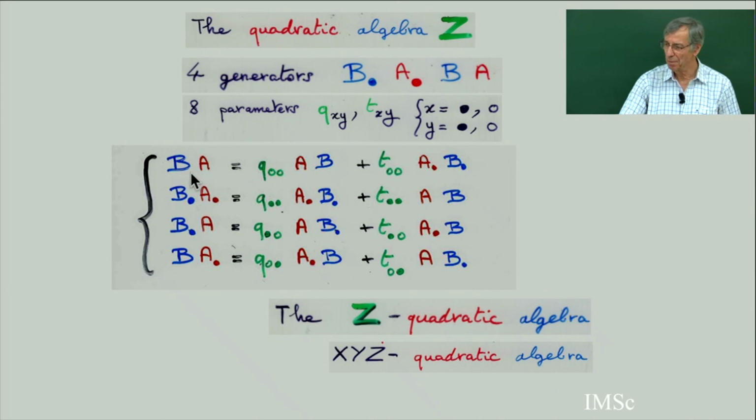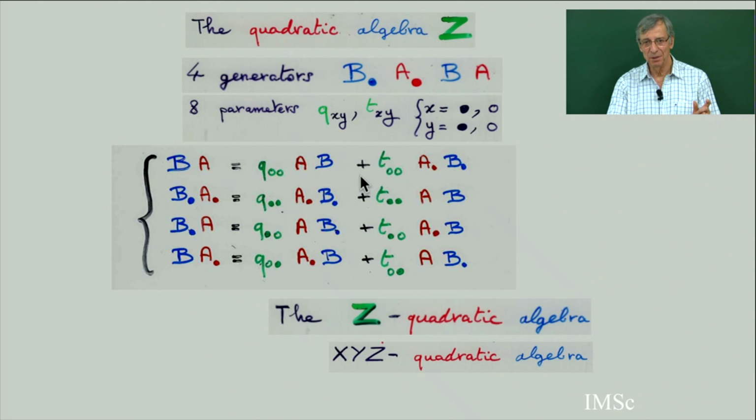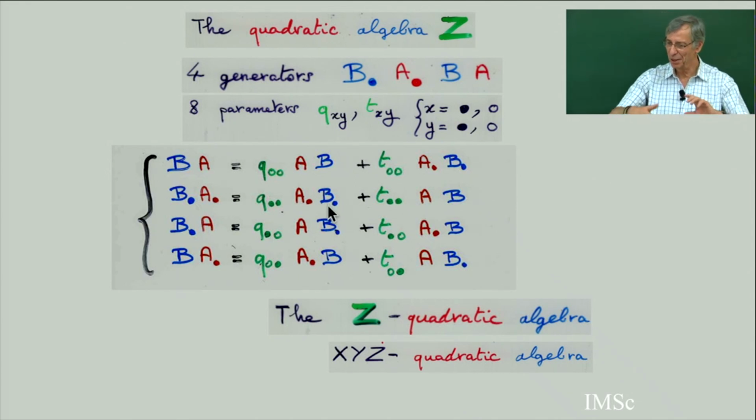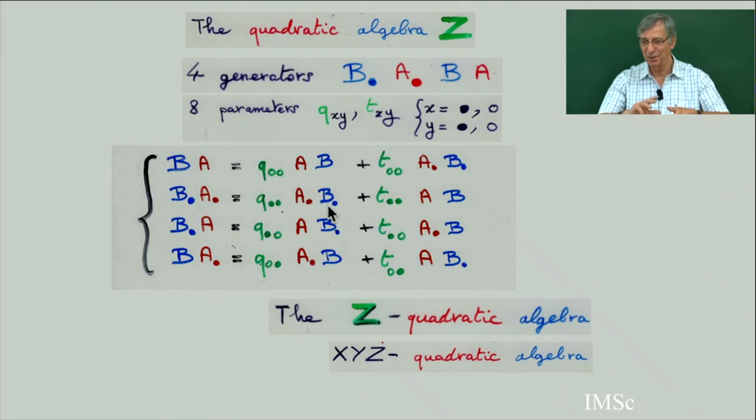So you have any pair of letters, you commute them with a certain coefficient, plus the same monomial when you replace, if it's a letter with no dot, then you put a dot. If there is a dot, you delete the dot. The same monomial, the kind of dual. If there is a dot, you delete it. If there is no dot, you put a dot.